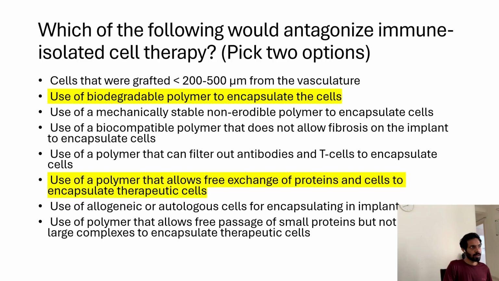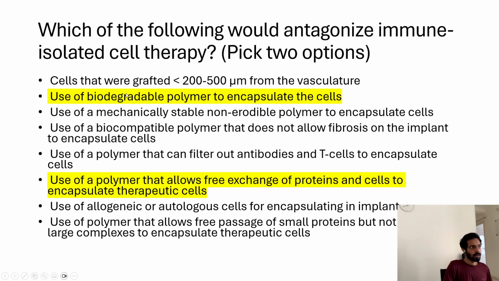The other option is fibrosis. You want fibrosis to not happen, because fibrosis is a very thick lining of debris, extracellular matrix, and cells. As the fibrosis builds up, the amount of nutrition that can reach the cells slows down. So you would want to use a biocompatible polymer that does not allow fibrosis. But what you don't want to do is use a biodegradable polymer.